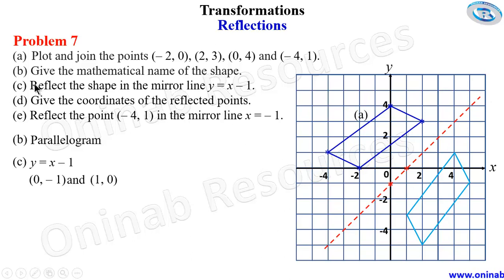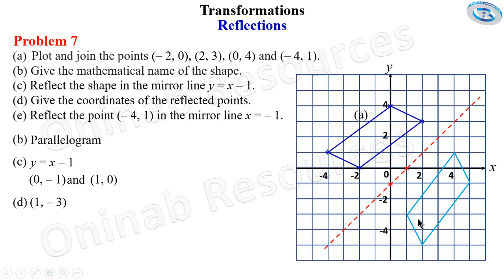So we are done with C part of the problem. So from here now we go to D. Give the coordinates of the reflected points. The first point here is going to be 1, -3. So we go to the next point. Remember, it must go in corresponding order.